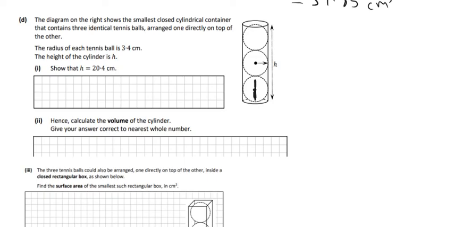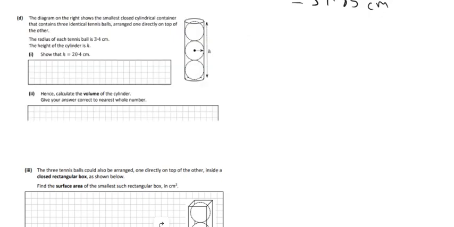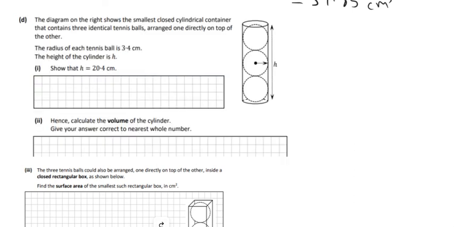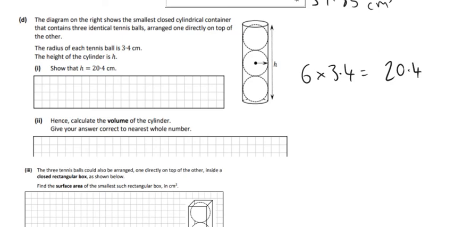So if we add on this bit here, that's 2 times 3.4, and then 3 times 3.4, 4 times 3.4, 5 times 3.4, and 6 times 3.4, so there's 6 radii basically up the cylindrical container. Therefore, if I just do 6 multiplied by 3.4, it should give me 20.4. You can just double check that on the calculator, but that's enough to show it.